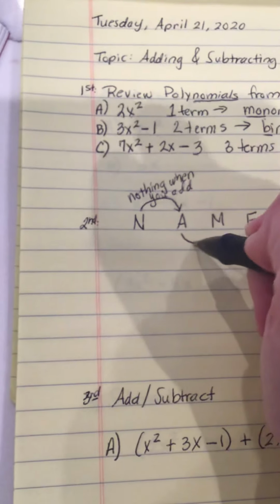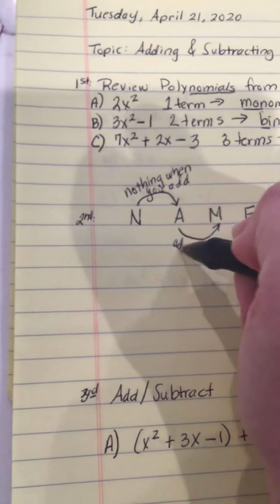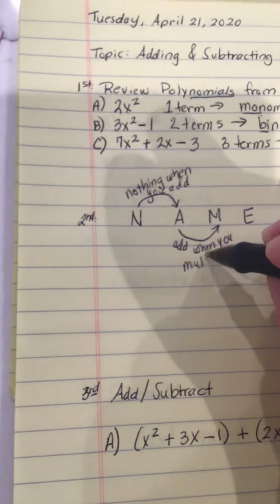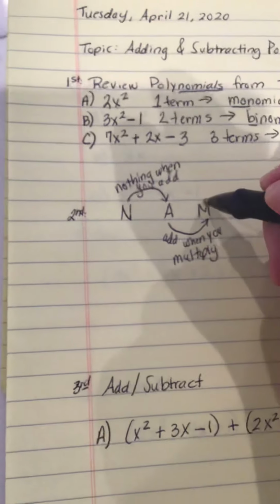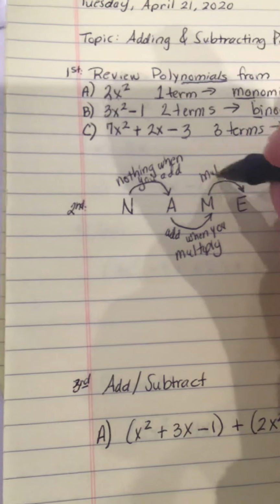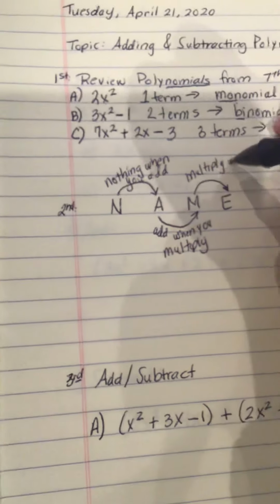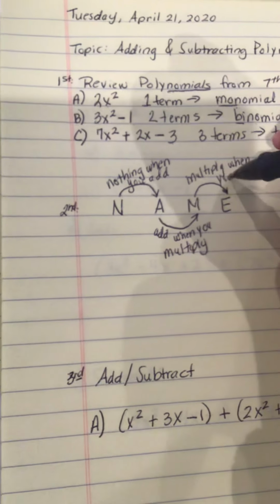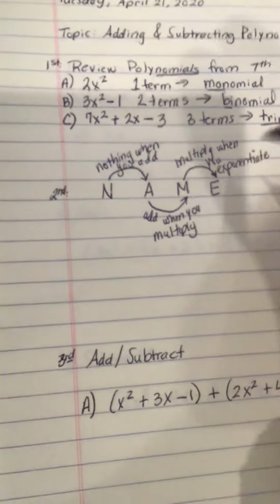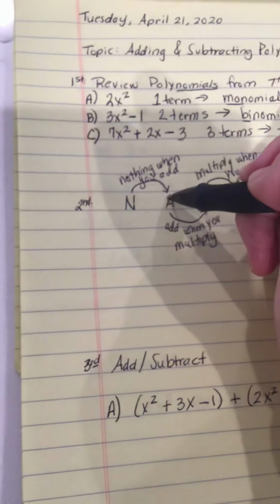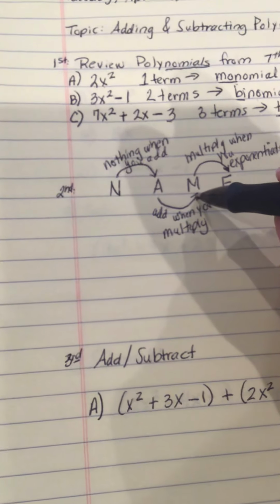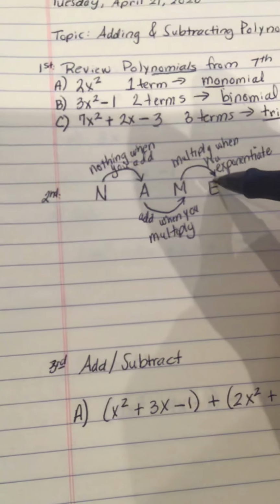AM means you add when you multiply. And this is like power to power. Remember I said we keep coming back to that? You multiply when you exponentiate. Okay, so nothing when you add. You keep the exponents exactly the same. You add your exponents when you multiply, and you multiply your exponents when you exponentiate.